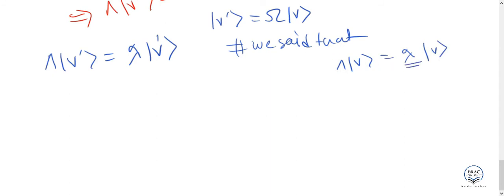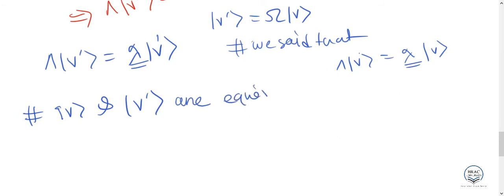And for this lambda, this v and v prime, since there is no degeneracy, notice that this is a very important assumption that we are taking. Since there is no degeneracy, this v and v prime are equivalent up to a scale factor.